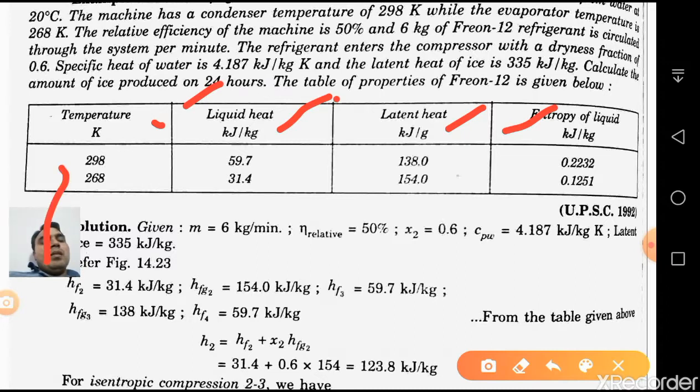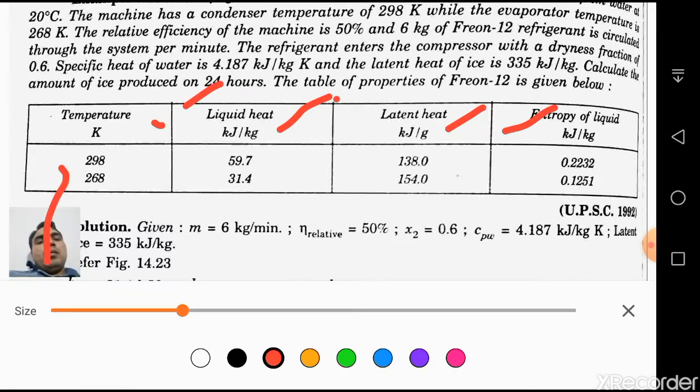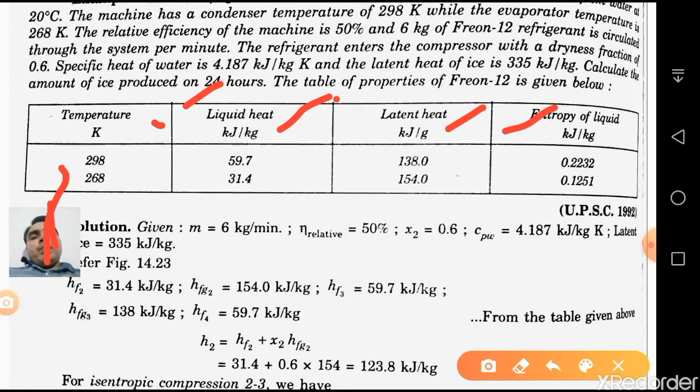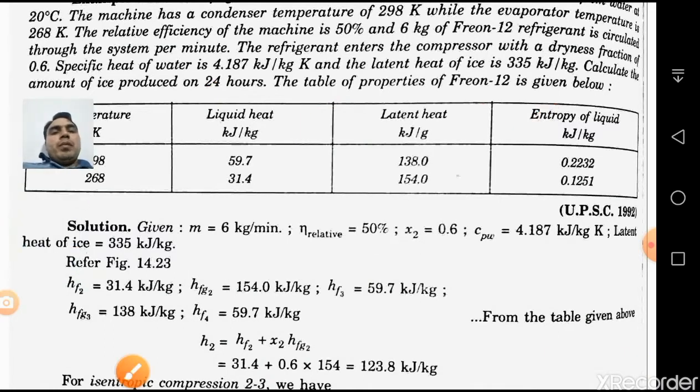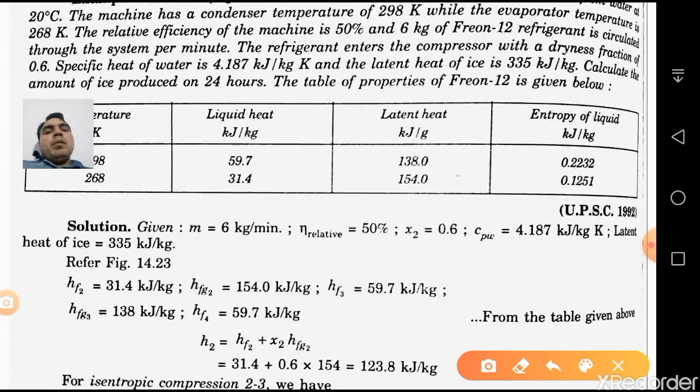In that problem, first of all, what data is given. Look, in this problem the data given is m equal to 6 kg per minute.